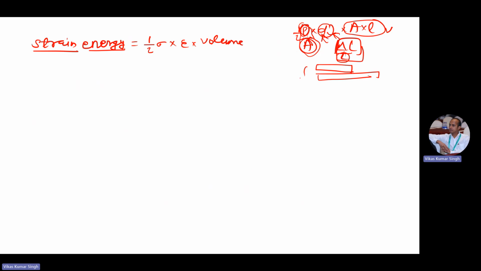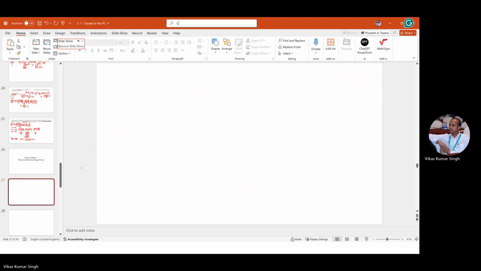So this is going to be half into stress into strain into volume. You can check this by equating units and dimensions. So this is the strain energy. Now, what is this sigma? What is this epsilon?